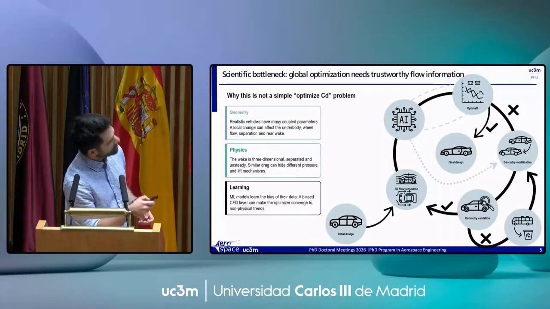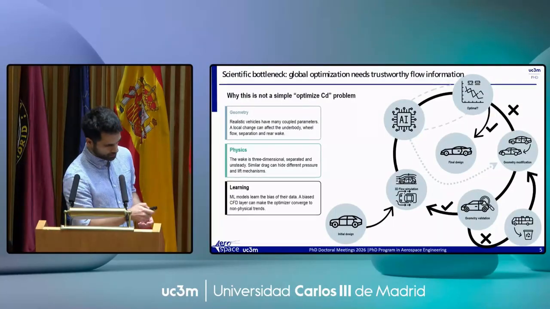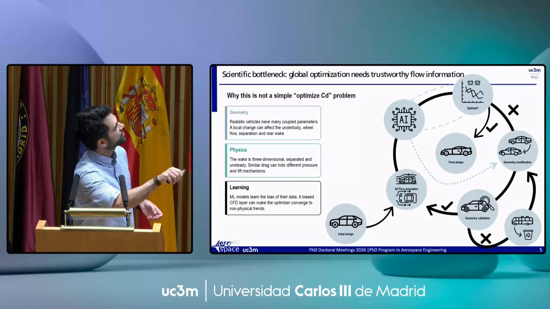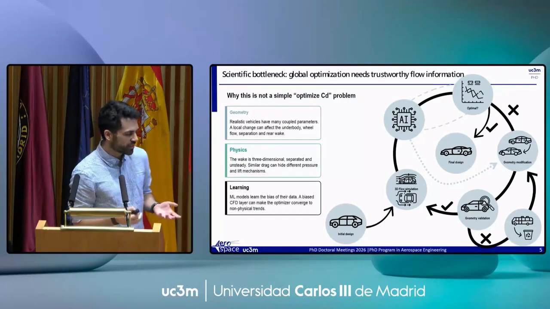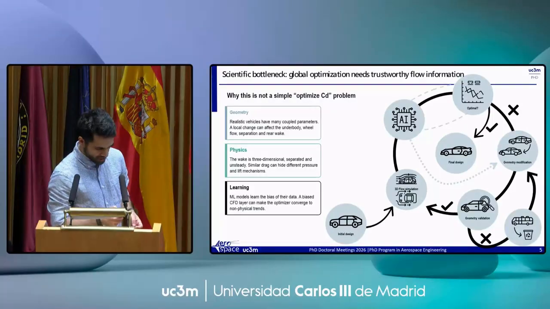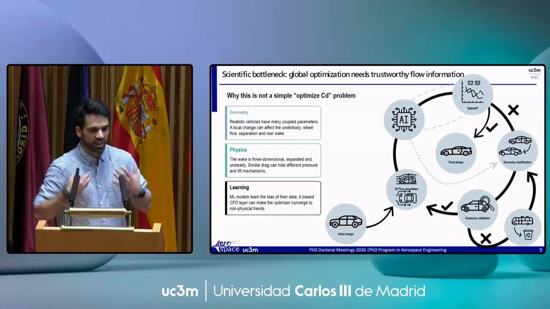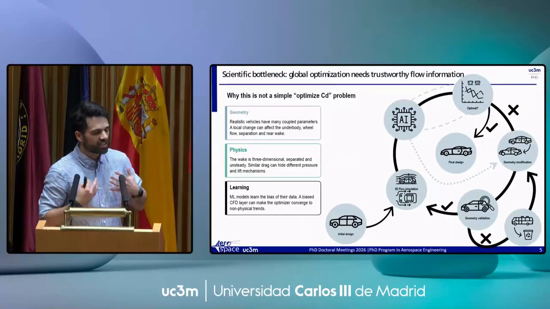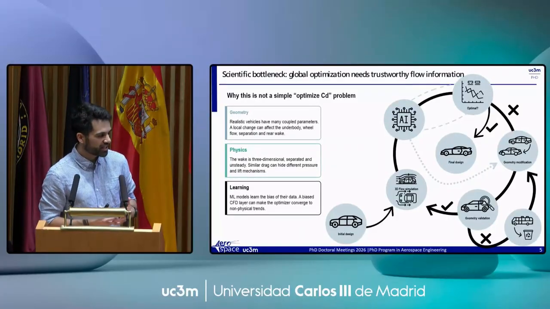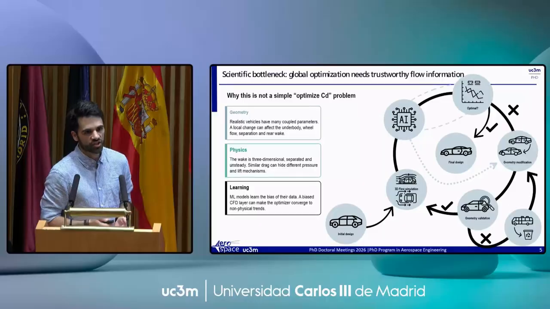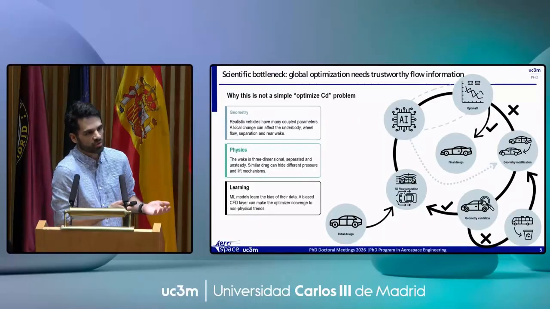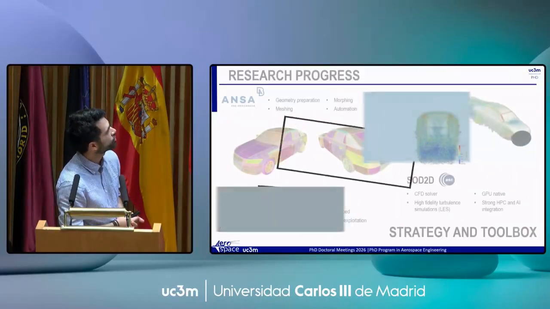Here we've got the flow, which will be our LES solver. We want to give the ML the best results so the data wouldn't be biased by smoothing too much the information we are giving it, as would happen if we use a RANS approach.